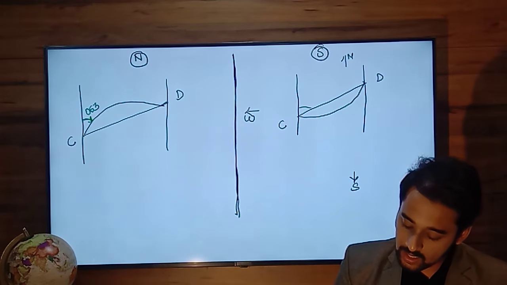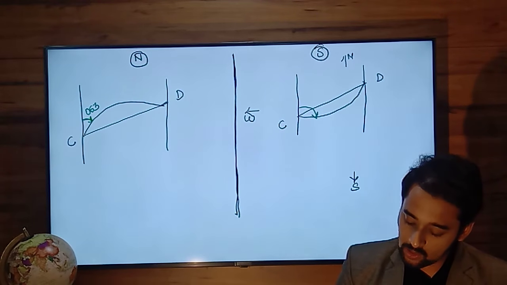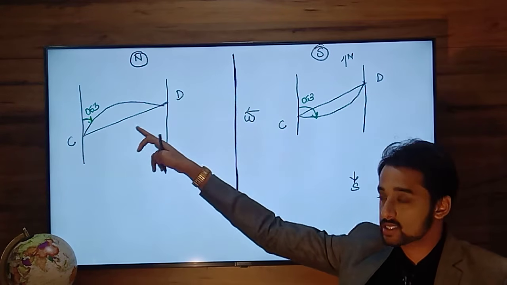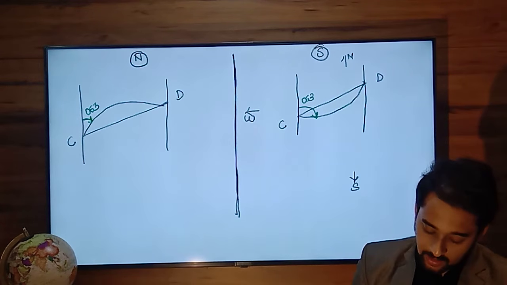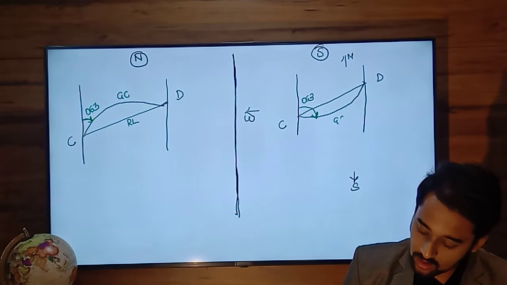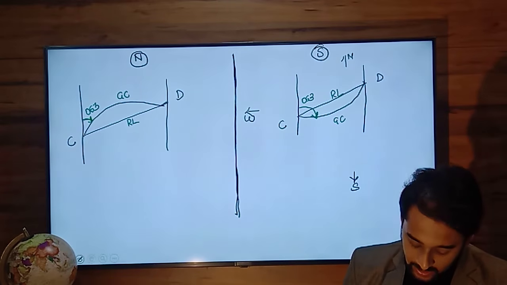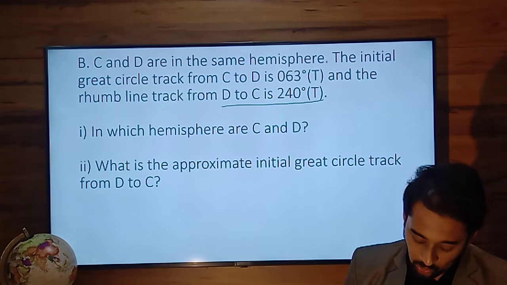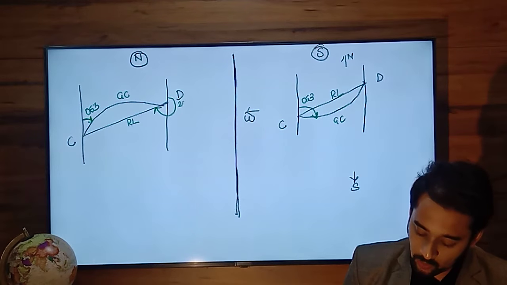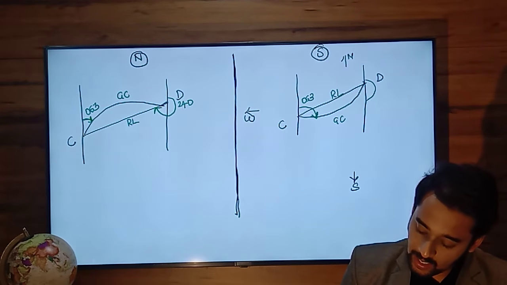In this case, this bigger angle will be your 063. Over here the small angle was 063, here the bigger angle. And what is the rhumb line given to us? Delta to Charlie 240. So over here the small angle is 240. Over here the big angle will be 240.